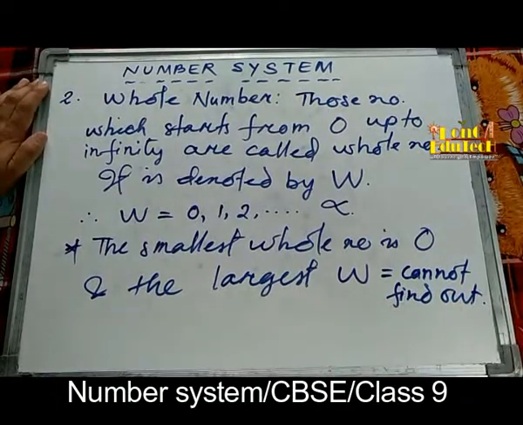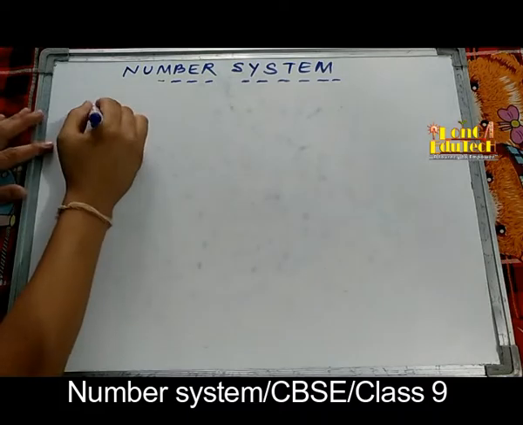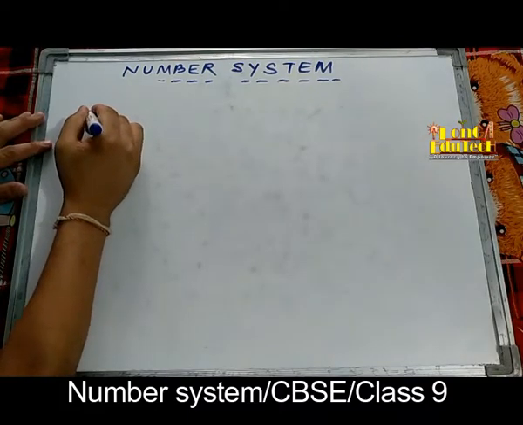We can find out for a particular range, say from 0 to hundred. In this case, the smallest whole number is 0 and the largest whole number is hundred, if the range is given in definite form.